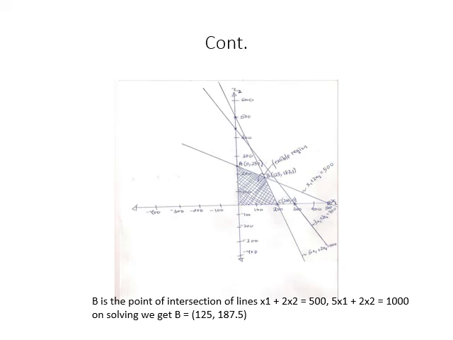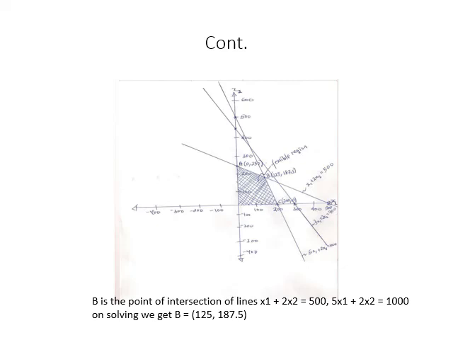And C is 200, 0. These are given. B is the point of intersection of the lines x1 plus 2x2 equals 500 and 5x1 plus 2x2 equals 1000. On solving the two equations simultaneously, the point B is 125 and 187.5.